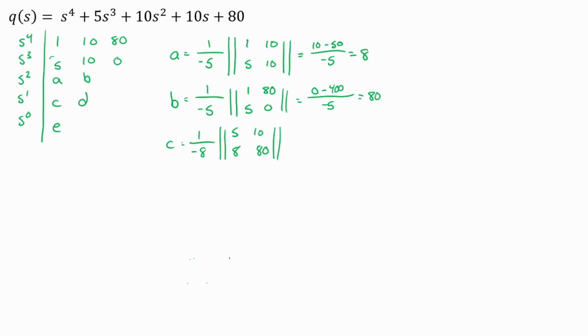So now we're looking at this section right here. So we're going to have 400 minus 80 all over negative 8, which is equal to negative 40. So we'll have a sign change there.